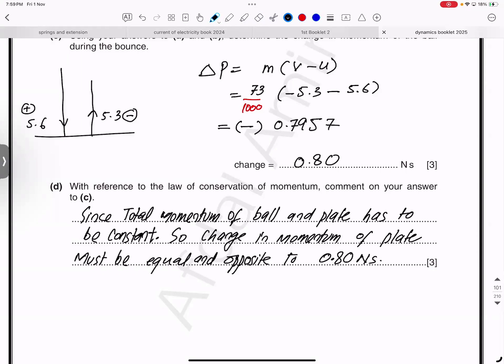With reference to this, the momentum of the ball changes, it means the momentum of the plate also changes, so that the total momentum has to be conserved.